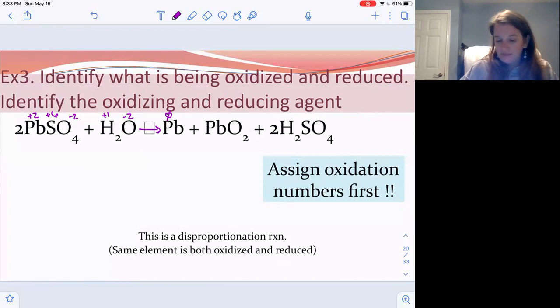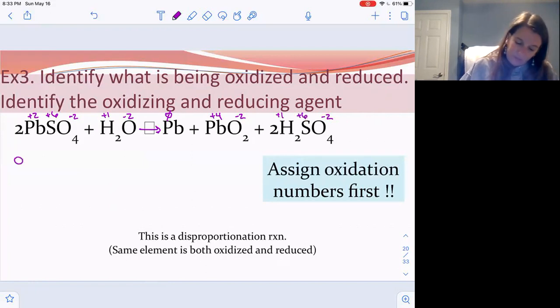This lead, let's do the oxygen first. Oxygen is -2. So this lead has to be +4 because you have 2 oxygens. And then we have sulfuric acid over here. The hydrogen is +1. The oxygen is -2. So what's sulfur's oxidation number here? Well, we've got 8 total negatives, 2 total positives. So sulfur has to be +6.